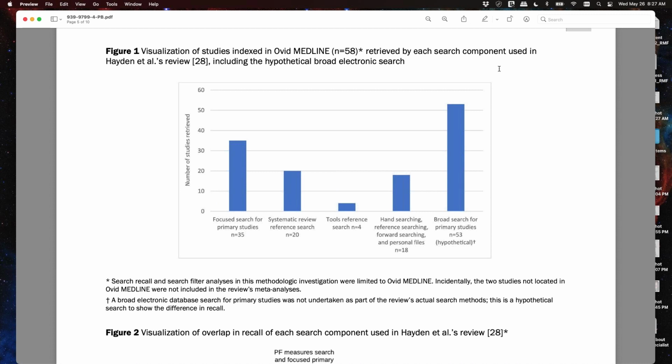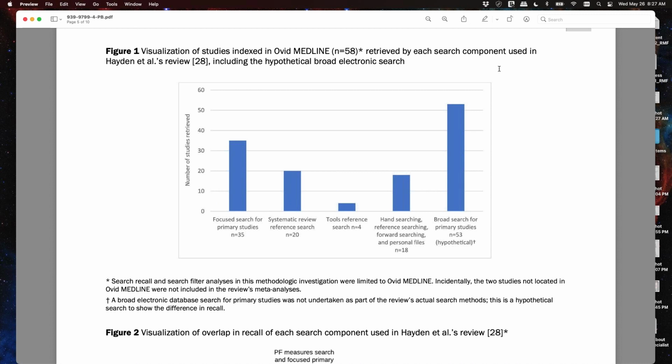The second one, and that's a very interesting one, is related to the linking of the eligible studies to their origin. So which search method identified the 58 retrieved records?